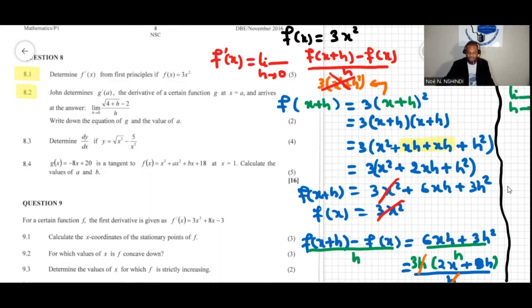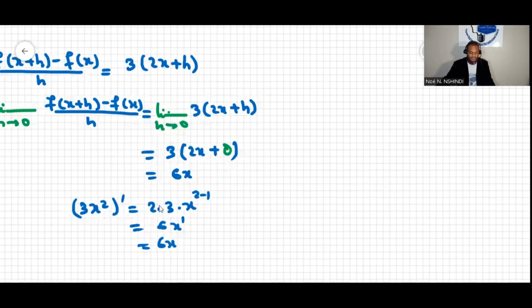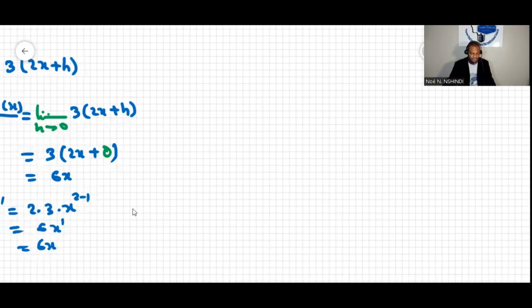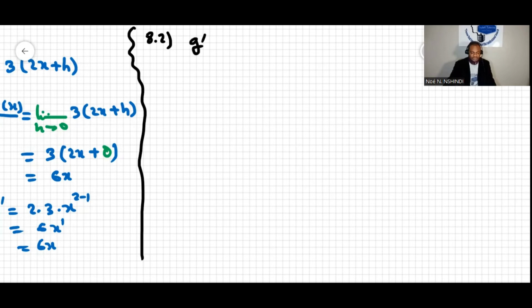I am going to move my board over here and then write 8.2. We say that John gets this answer when you work out g prime of a. You get the limit as h approaches 0 of square root of 4 plus h minus 2, all over h.